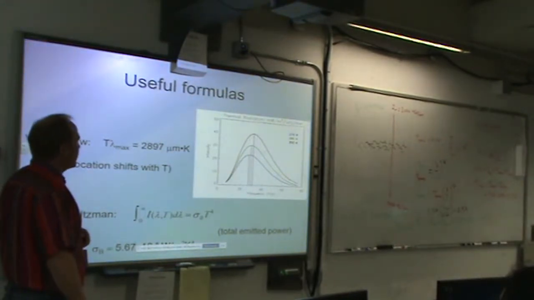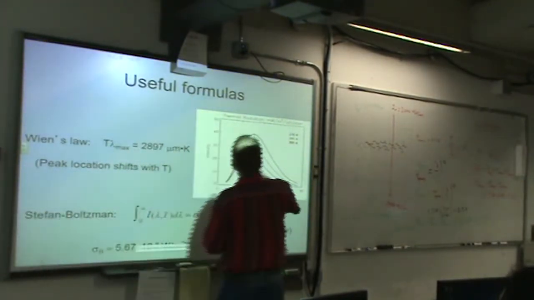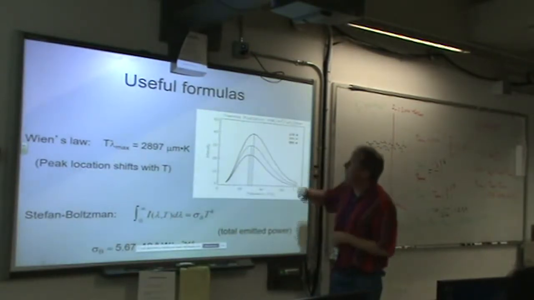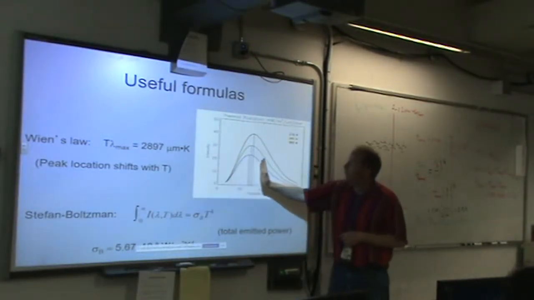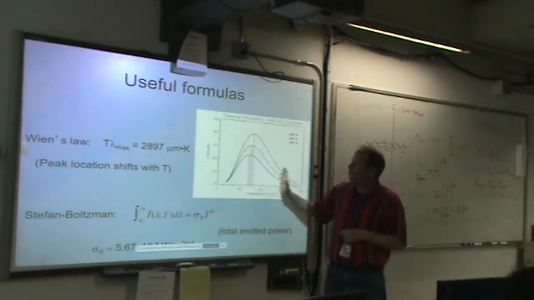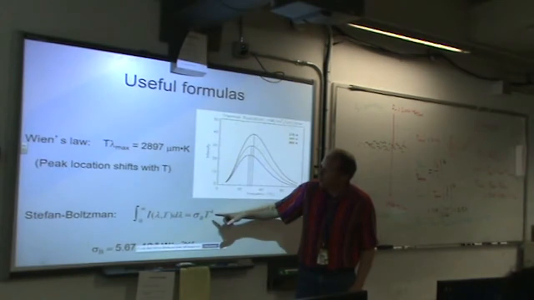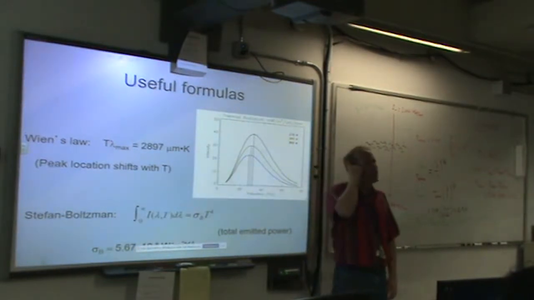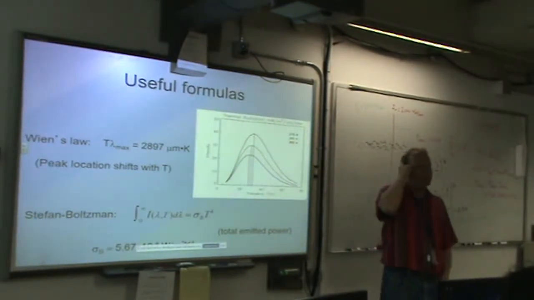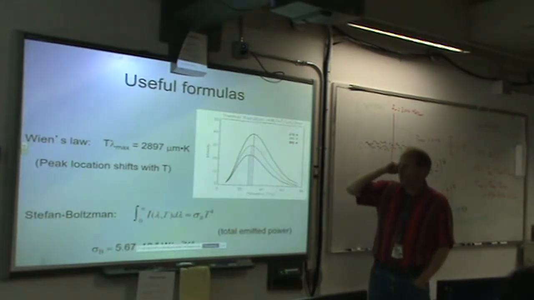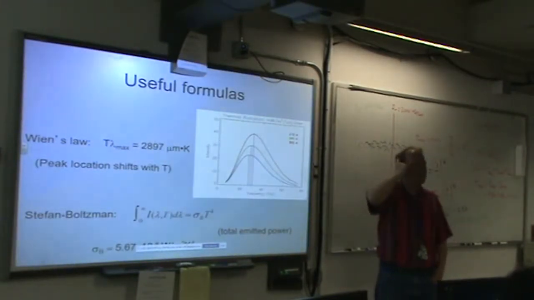And then the other thing we have is, if you want to look at the total amount of energy being emitted, which means you have to integrate through all the frequencies or wavelengths to get the total energy, that ends up going as temperature to the 4th power. Now, by the way, am I going to measure that temperature in Celsius? Kelvin.